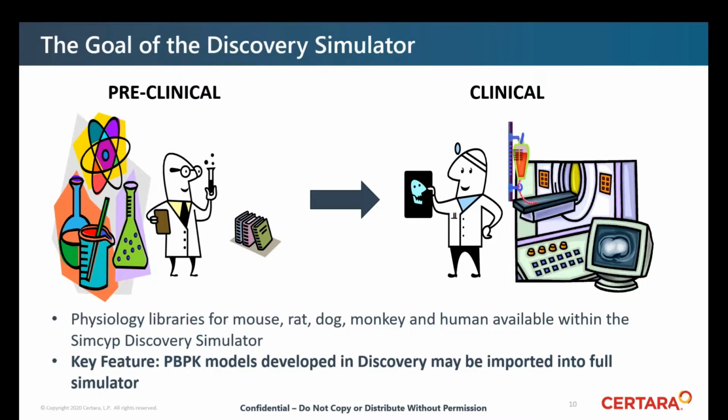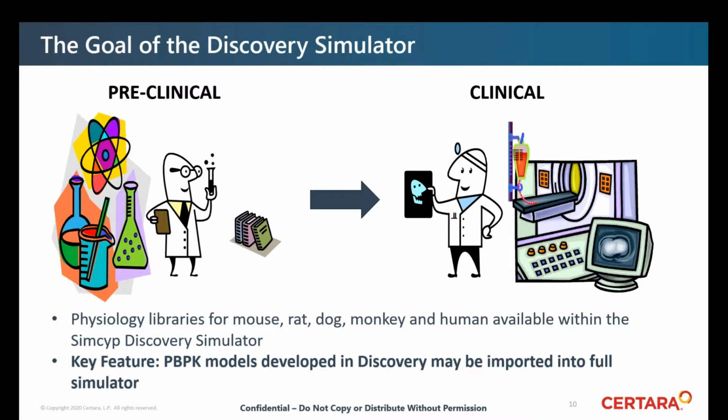So one of the major goals of the Simcyp Discovery Simulator is to facilitate and expedite the transition from preclinical to clinical. And one of the ways that we hope to help with this is by providing a software package that is forwardly compatible.